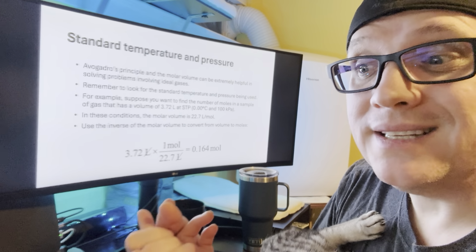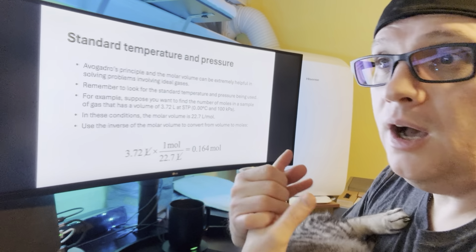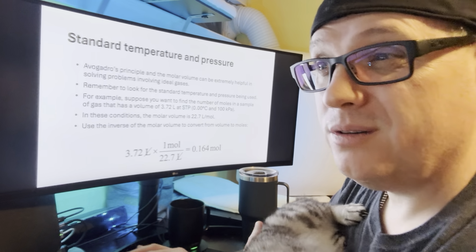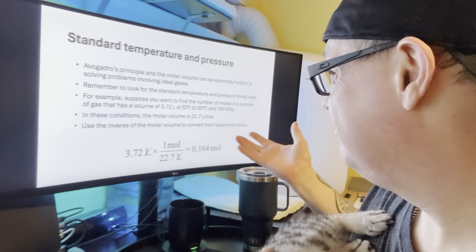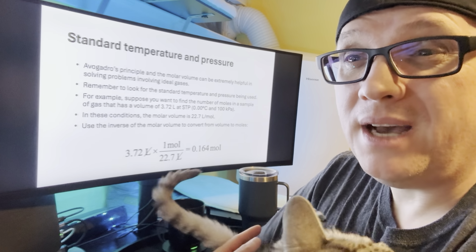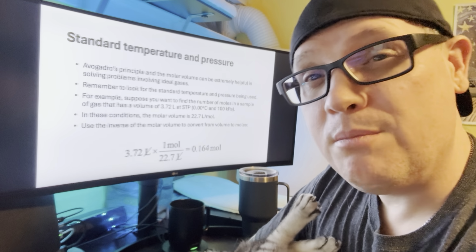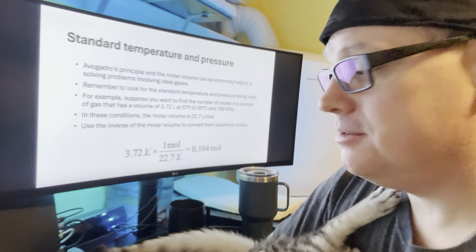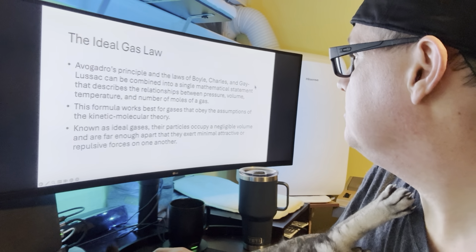Remember, STP is standard temperature and pressure. You can figure out that it is 0.164 moles. That's a pretty easy calculation. You're just dividing the liters you're given by the 22.7, and you get how many moles you have. Pretty nice.